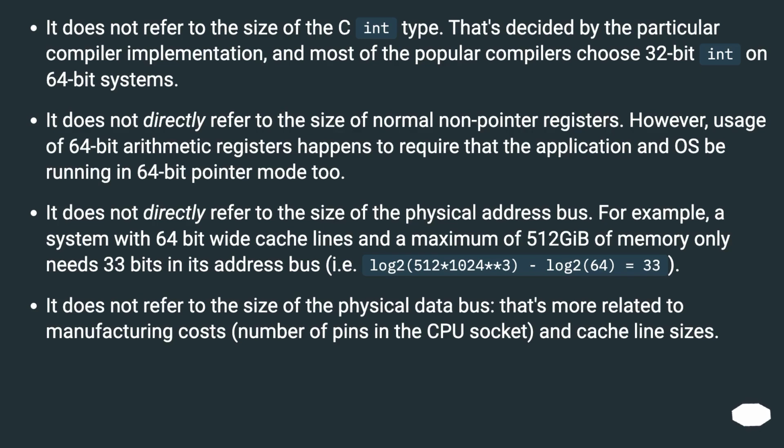For example, a system with 64-byte wide cache lines and a maximum of 512 GB of memory only needs 33 bits in its address bus, i.e. log2(512 * 1024^3 / 64) = 33. It does not refer to the size of the physical data bus; that's more related to manufacturing costs, number of pins in the CPU socket, and cache line sizes.